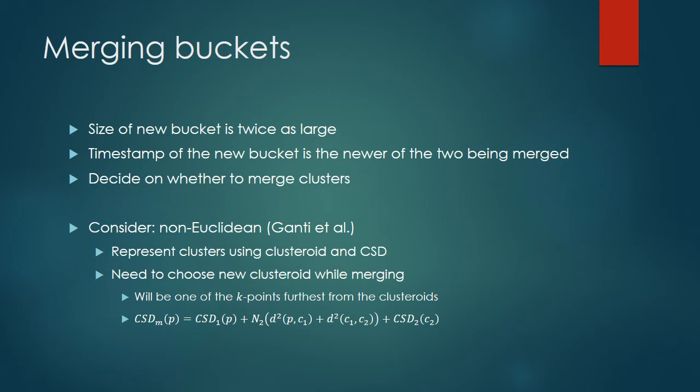And that gives us an update for what the updated CSD for any of these points is. So it's similar to what we did, but now you would have the updated values. Compute the new clusteroid. You will have 4k nearest and furthest points. You want to use that set to figure out what the new k closest and the k furthest points are. You have updated and you can move on. Is it clear? So depending on whatever representation you chose, you would have to update these and move on.